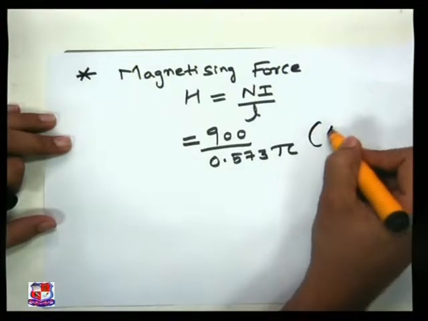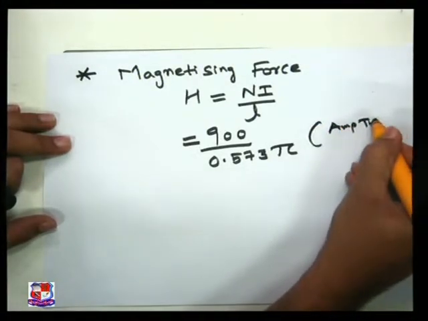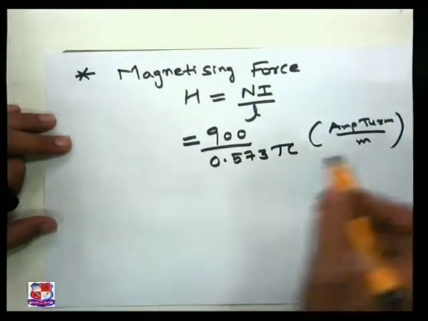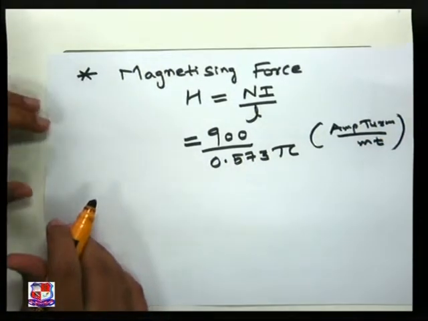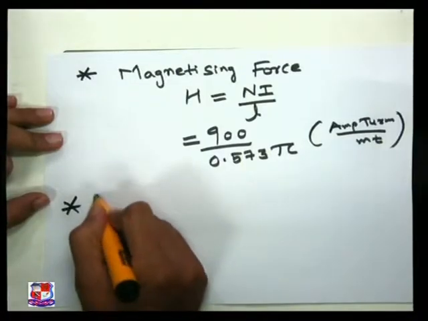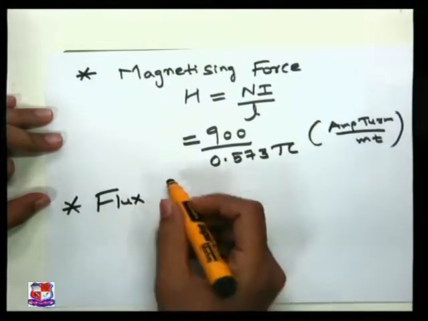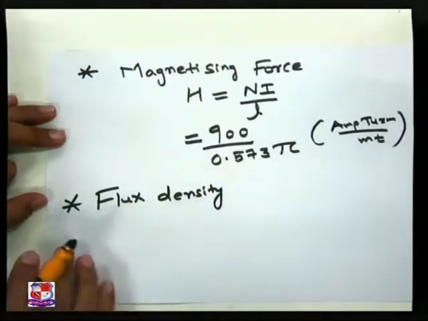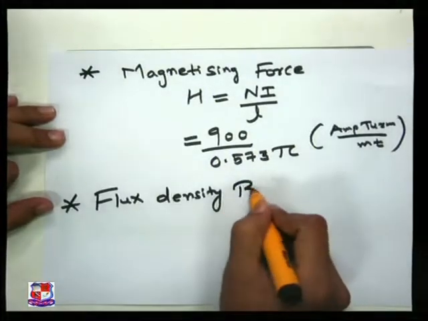Unit is ampere turns per meter, right? Now what we have to calculate is the flux density produced. Flux density is denoted by B.